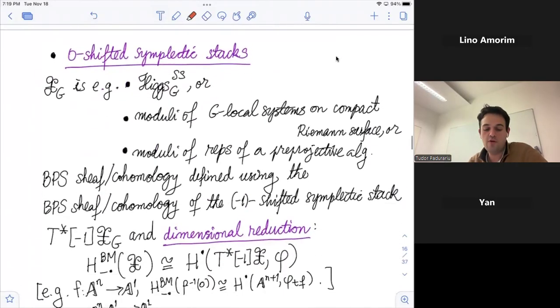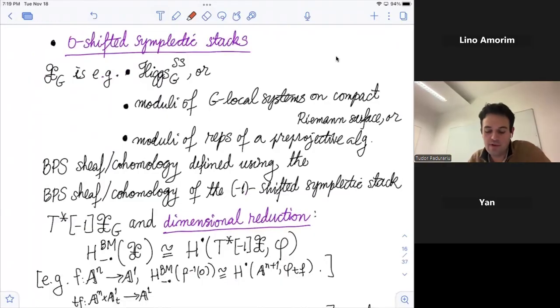Okay, so now zero shifted symplectic stacks. Actually the result for zero shifted symplectic stacks goes through -1 shifted symplectic stacks. Now let's consider, for example, the stack of semistable G Higgs bundles on a smooth projective curve, the usual Higgs bundles, not twisted anymore, or the moduli of G local systems on compact Riemann surfaces, or moduli of representations of a preprojective algebra.